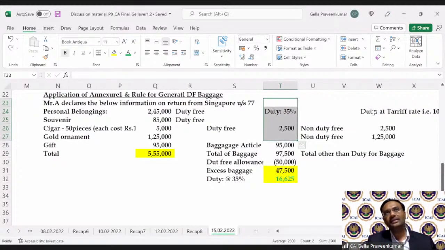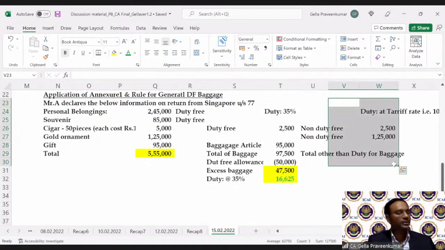In case of ornaments studded with diamonds, or ornaments having a precious metal other than gold, it goes unaccounted. For that reason, they apply the regular tariff rate for those ornaments. Probably that could be the reason, Priya, why they have kept ornaments outside Annexure 1. I could say that as the logic for your ornaments.